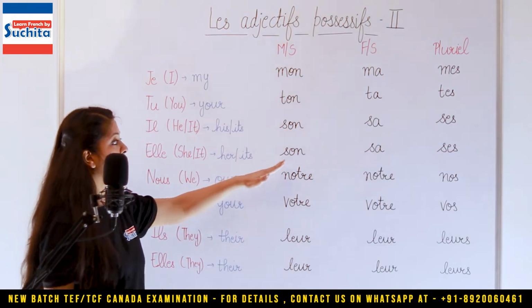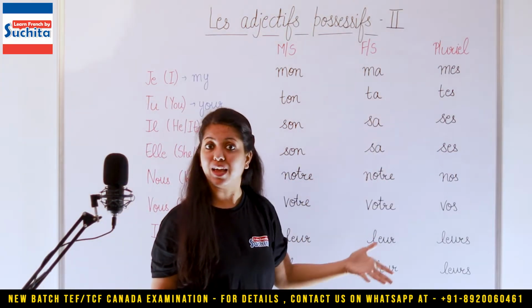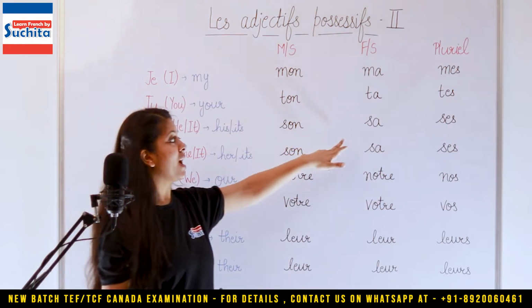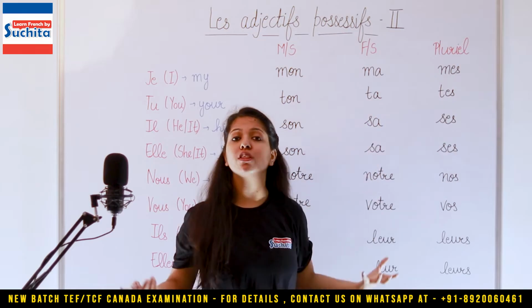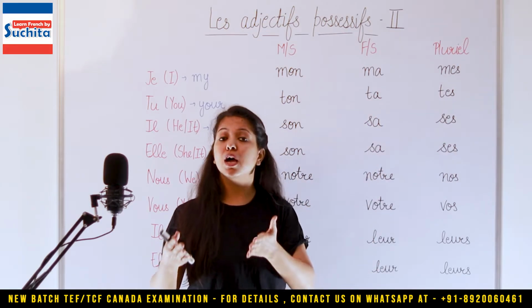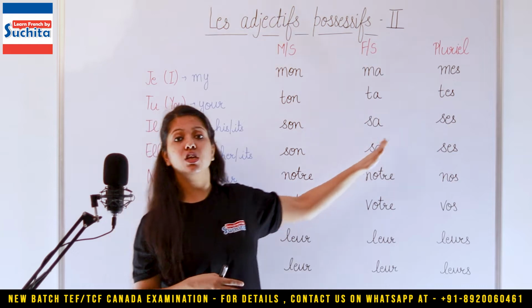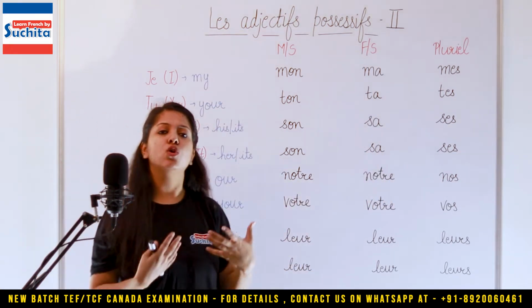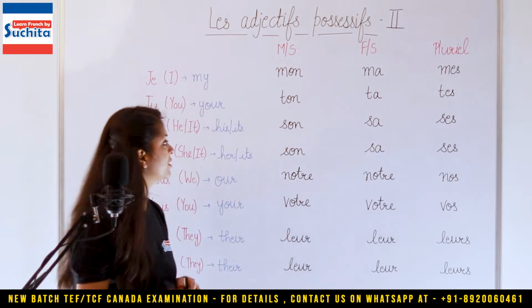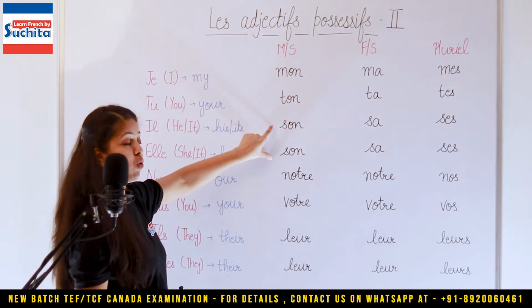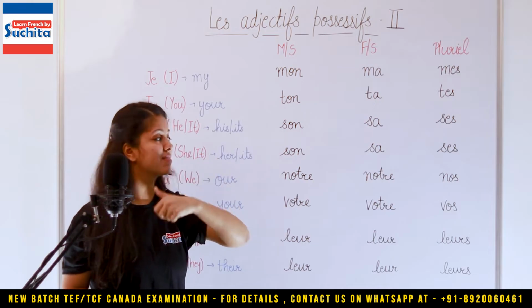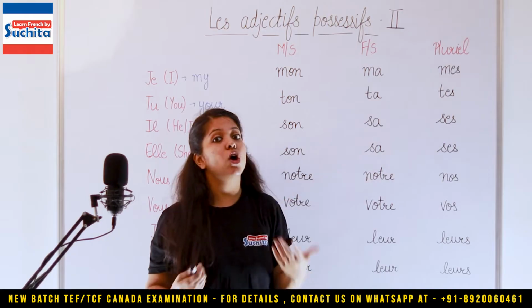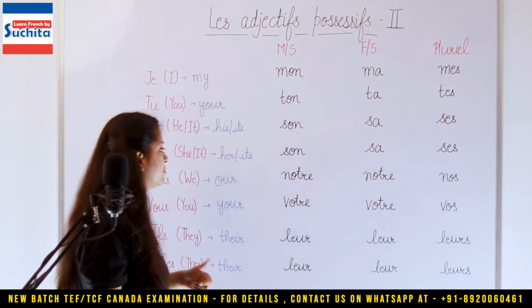Then you have son, sa, ses again, and the meaning of all three of them can also be her or its. That I'm going to explain you with some examples in the next slide. So son can mean his, her or its. Sa can also mean his, her or its. Ses can also mean his, her or its.